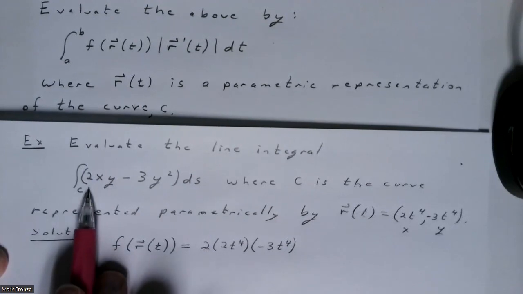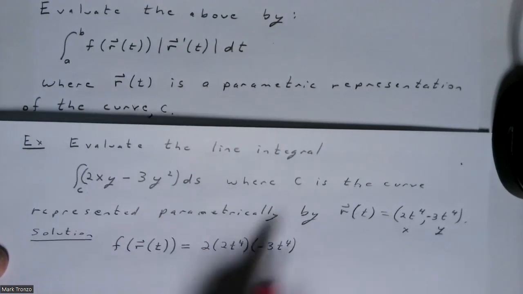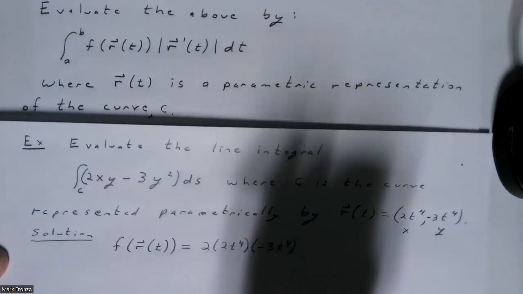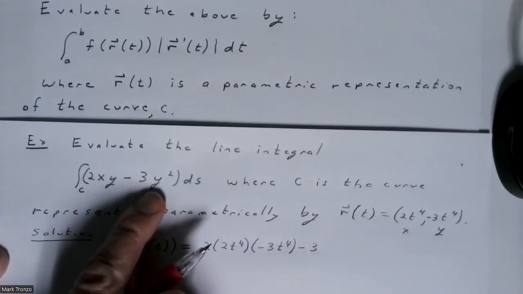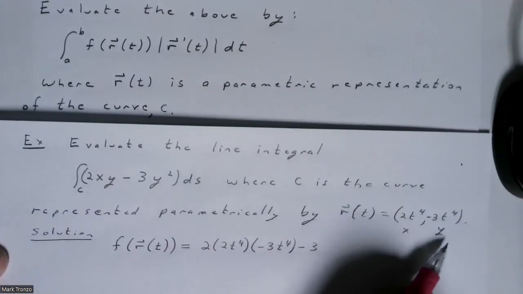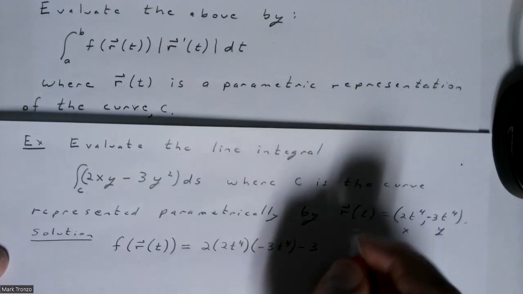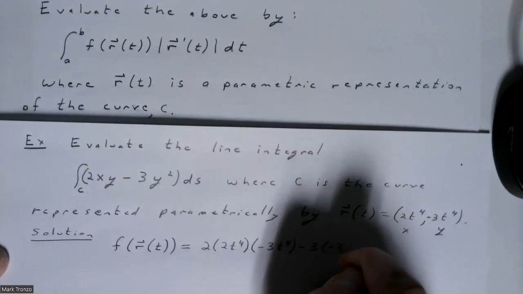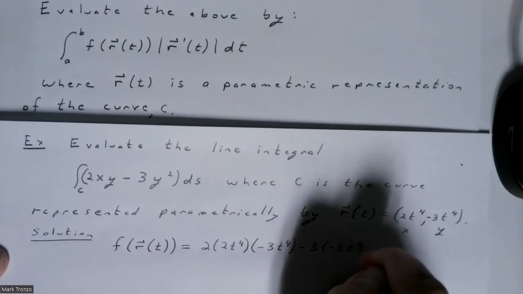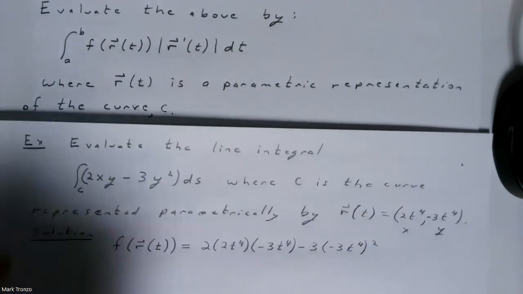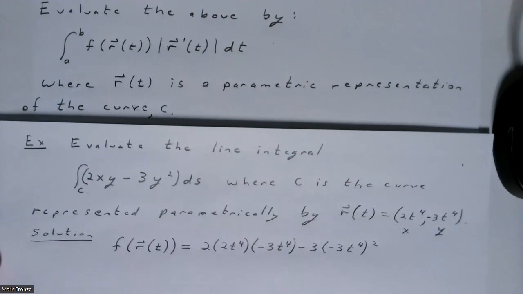So I substituted for x, 2t to the fourth, for y, minus 3t to the fourth, then minus 3 times y squared, and substitute for that too.